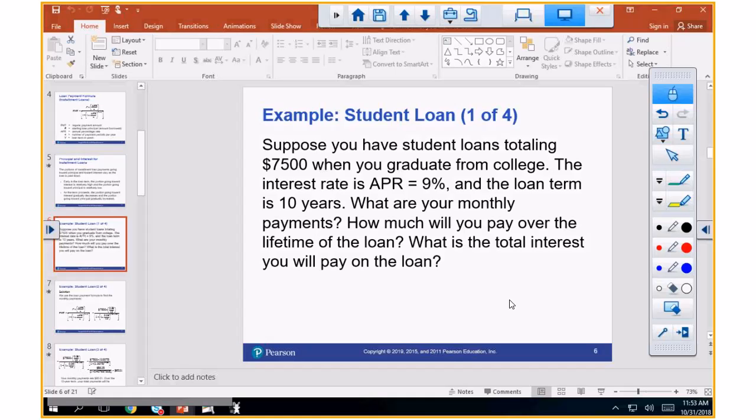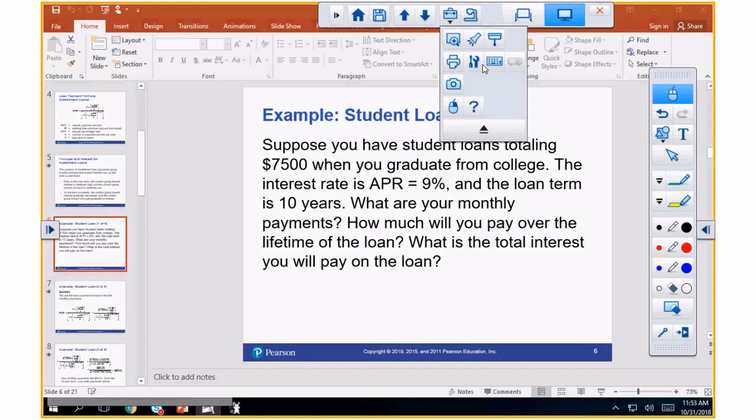Now, the reason this is depressing is wait till you see how much you actually paid at the end of 10 years. Okay. I'm going to pull in, where's my paste? Should be in here, it's not in there.